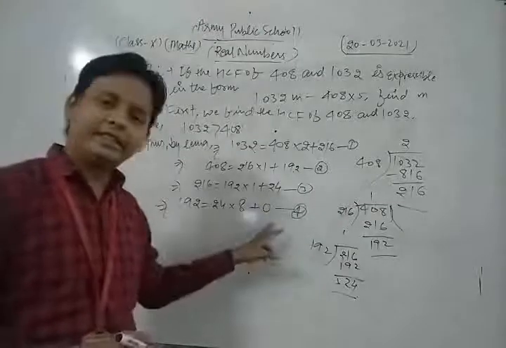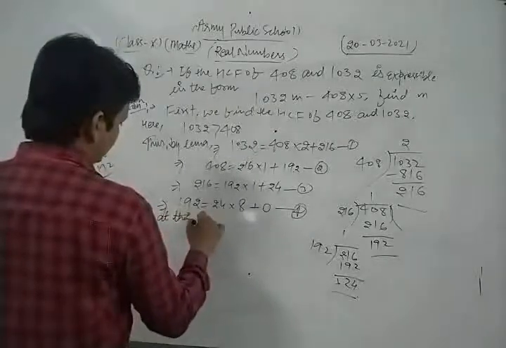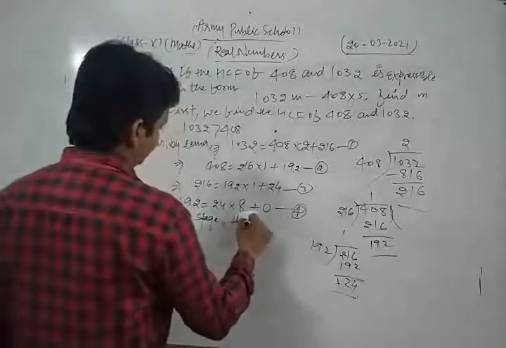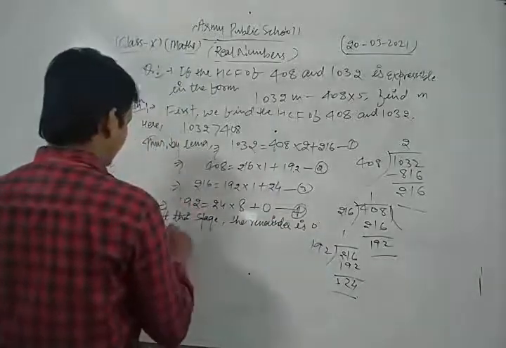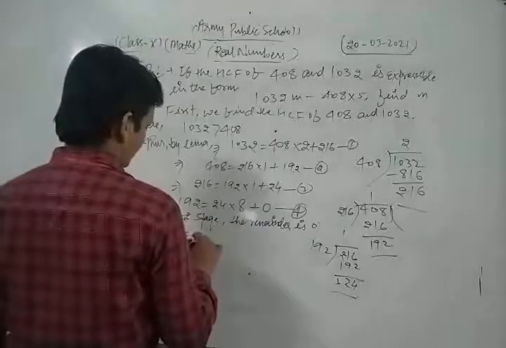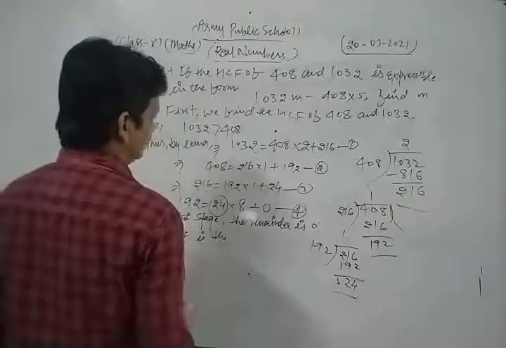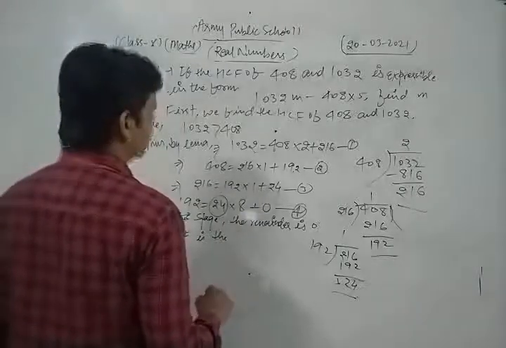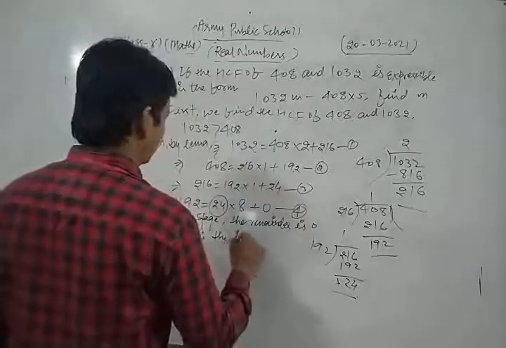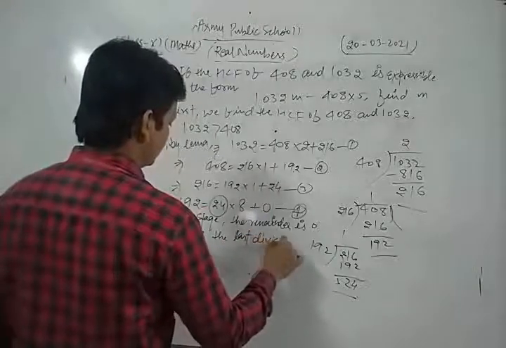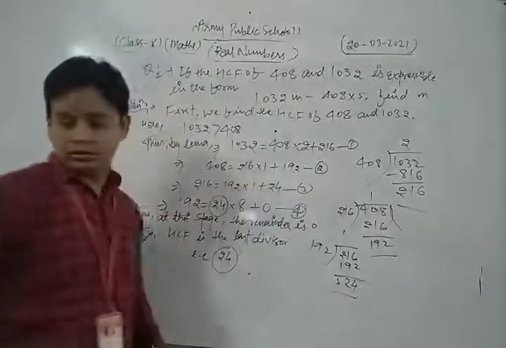Thus, dear students, at this stage the remainder is 0. So HCF is the last divisor, that is 24.